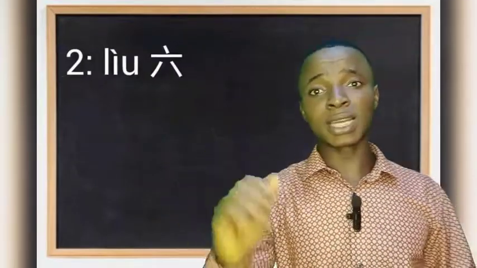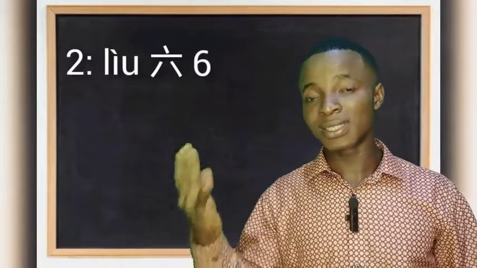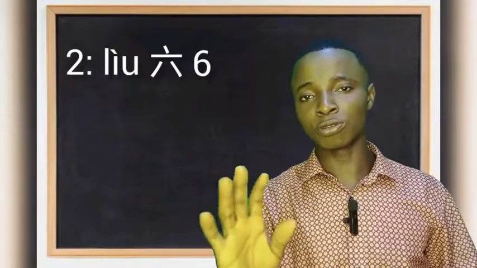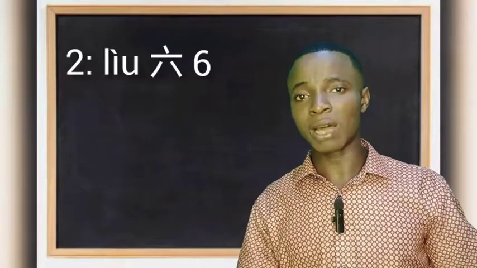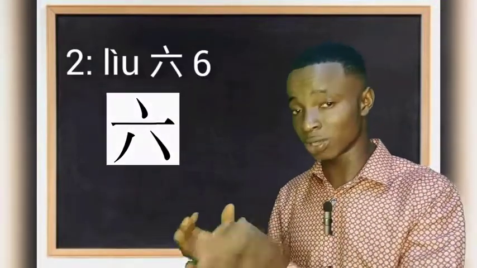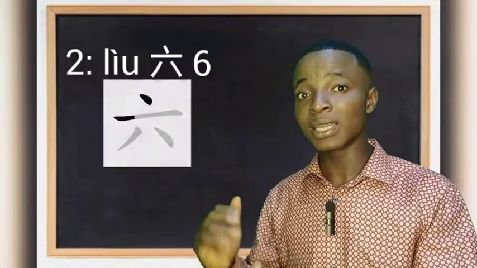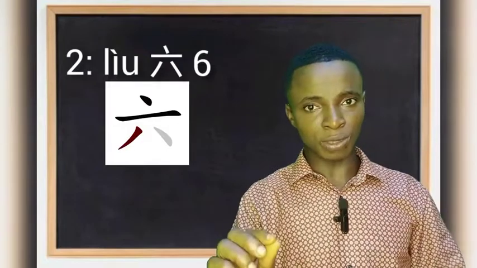Now let's see another character where this stroke also appears. This is another common Chinese number, liu, 6. Liu, 6. It has the fourth tone of the Chinese language, which is the falling tone. Now, let's see how this stroke, Dian, the one we're discussing, appears in this character. Let's see how to write the character. Beautiful.